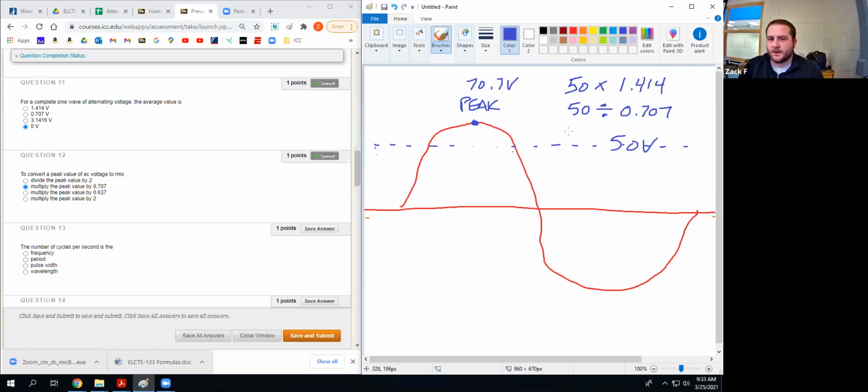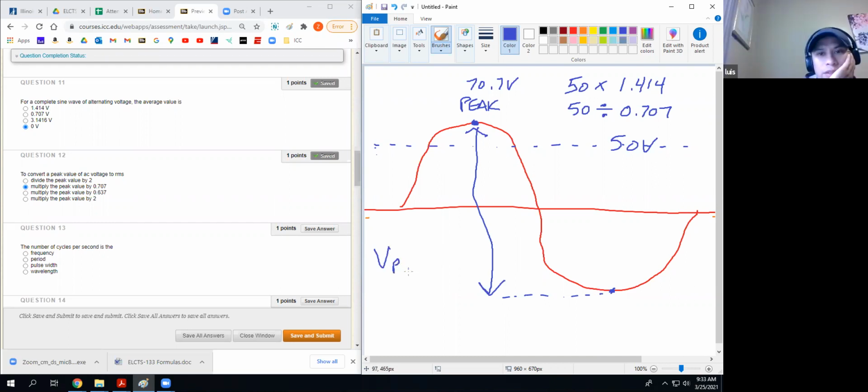In this case, if I gave you 50 volts RMS, could you tell me what the peak to peak value is? So that would be 140. One 41.4.